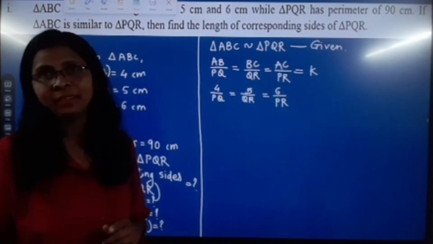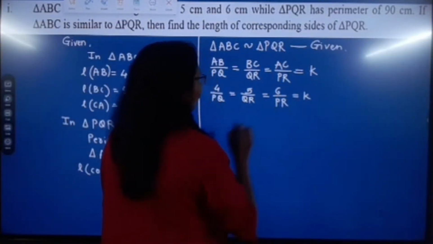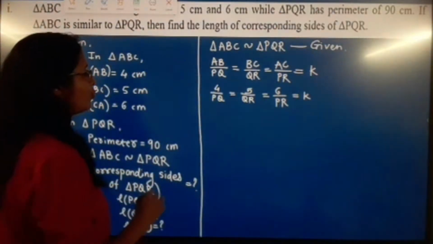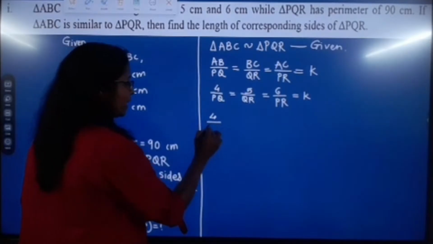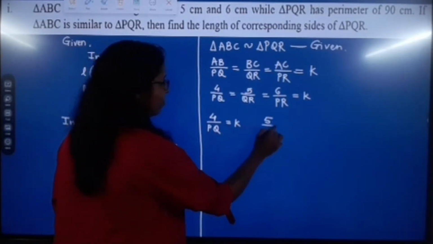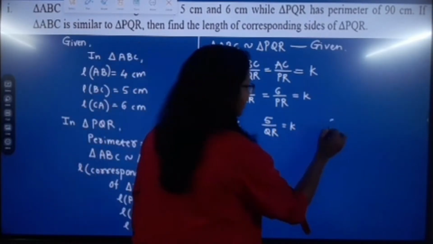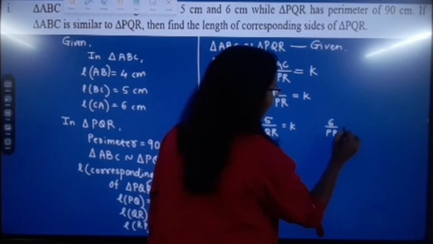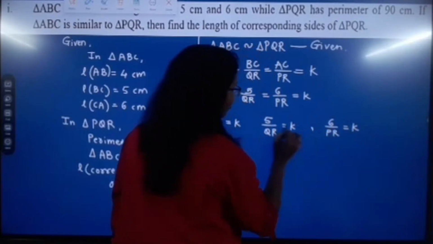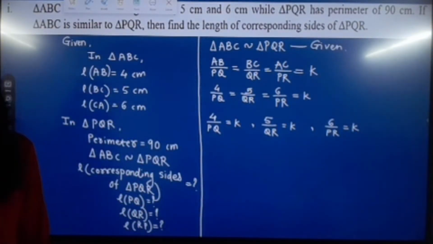Okay, and that K method, you know the K method. So by the K method we can solve this. Okay, so here 4 upon PQ is equal to K. Here 5 upon QR is equal to K, and here 6 upon PR is equal to K. Okay students, then we have to find out the K value.